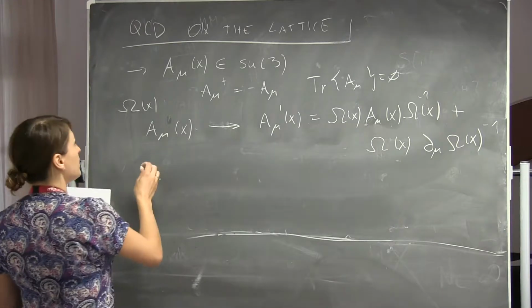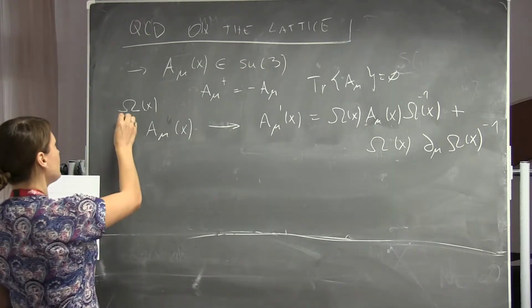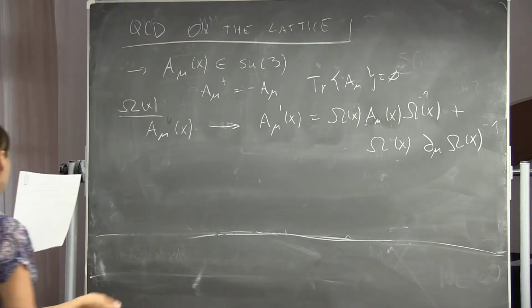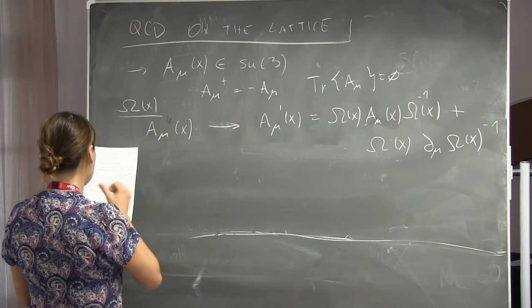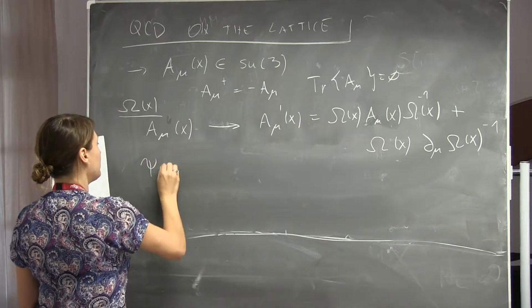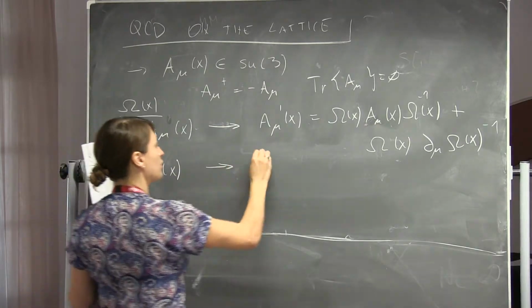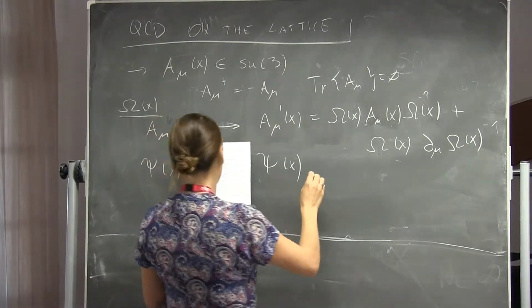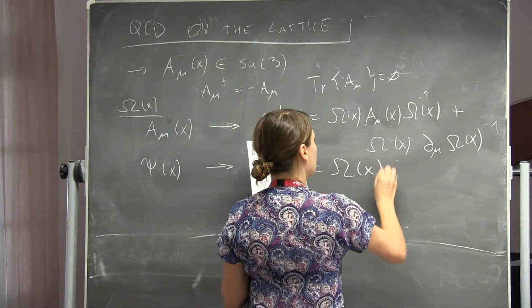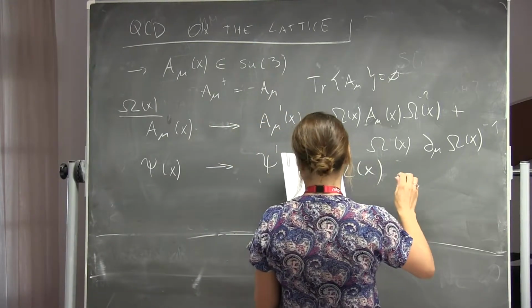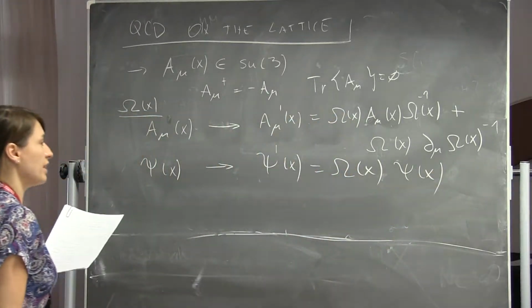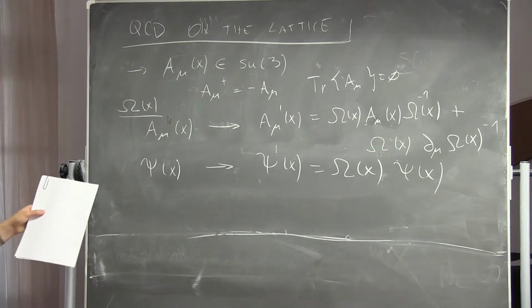And at the same time, matter fields under the same SU(N) transformation transform as phi of x prime. So in the fundamental representation, we would just have omega of x, phi of x.